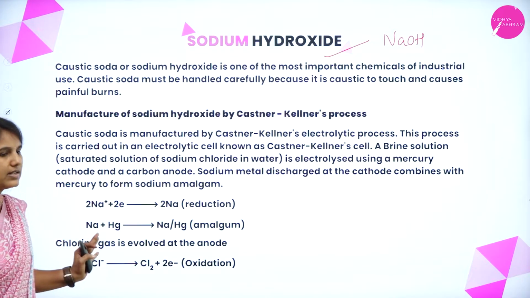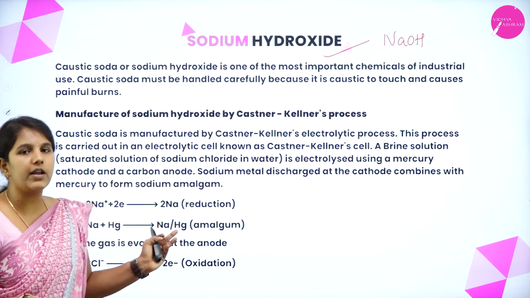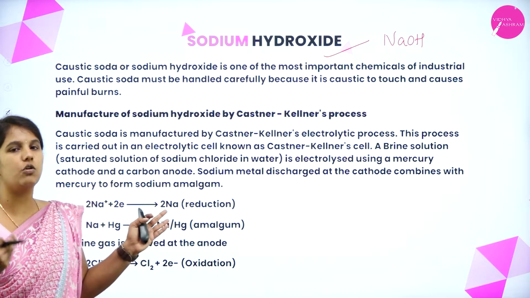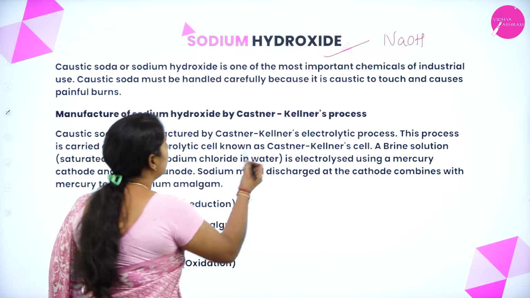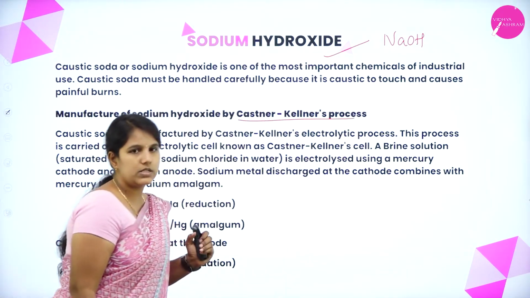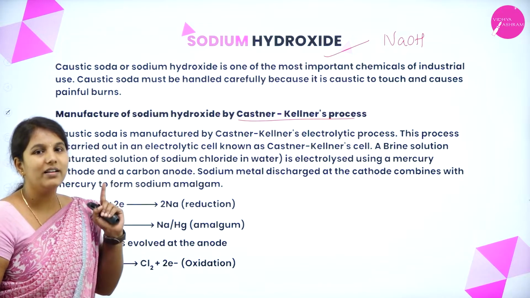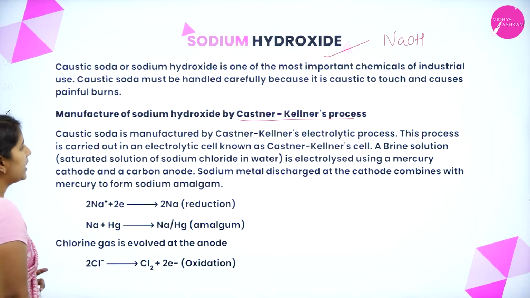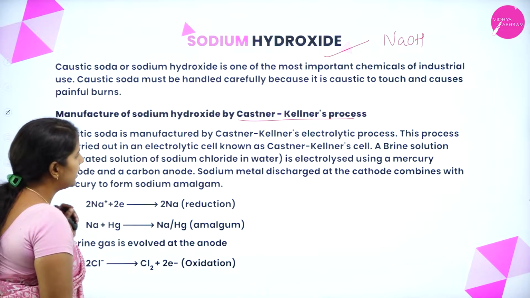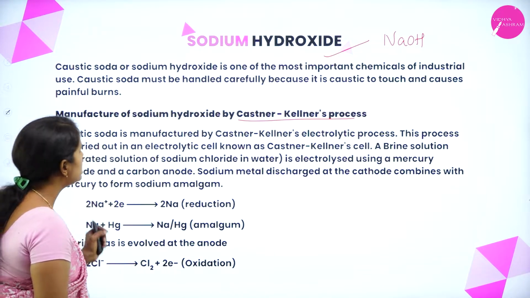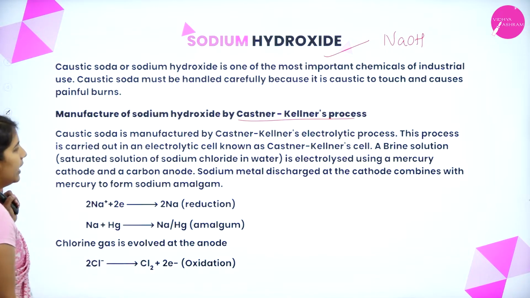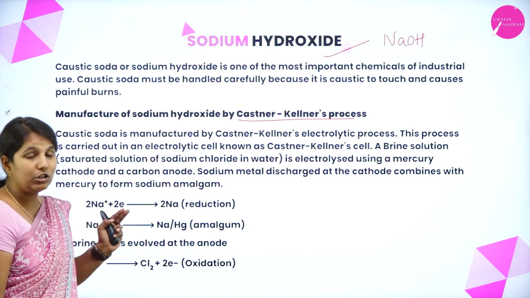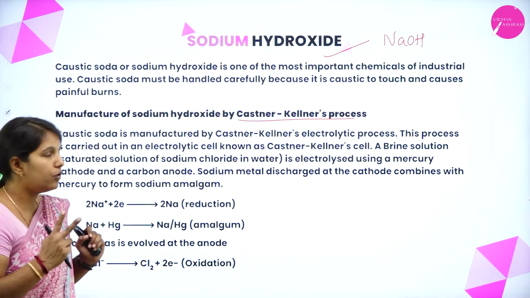Now let us understand how they manufacture caustic soda, or sodium hydroxide, by the Kastner-Kellner process. The caustic soda is manufactured by the Kastner-Kellner electrolytic process. During this process we use an electrolytic cell which consists of two electrodes.